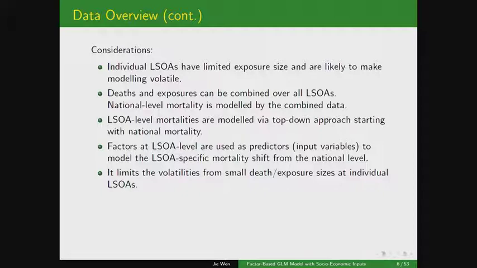And then for the LSOA level granular mortalities, we model them via a top-down approach, starting from the national level and going down to the LSOA level. And those socio-economic factors at LSOA level, which are variables about income, employment, etc., are used as predictors to model the LSOA specific mortality. This method helps us to limit the volatilities from the small death and exposure size of each small area.